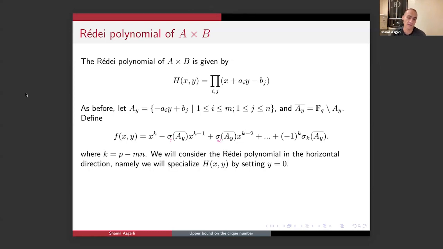So we're going to consider the Rédei polynomial in the horizontal direction. So what does that mean? I'm going to specialize h(x, y), the Rédei polynomial, which is defined here, by setting y equal to 0.